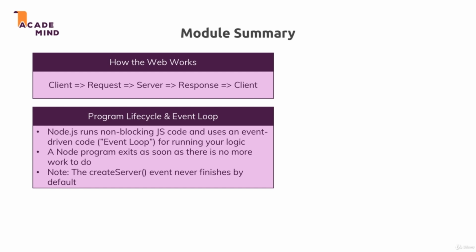A Node program can exit if there is no more work to do, but on a server this should at least never happen, because createServer registers an event listener for an event which is never done. If a new event is triggered, so if a new request is received, this does not mean that Node unregisters the event listener. Instead, we keep on listening for more requests, and that is of course how a server should behave.